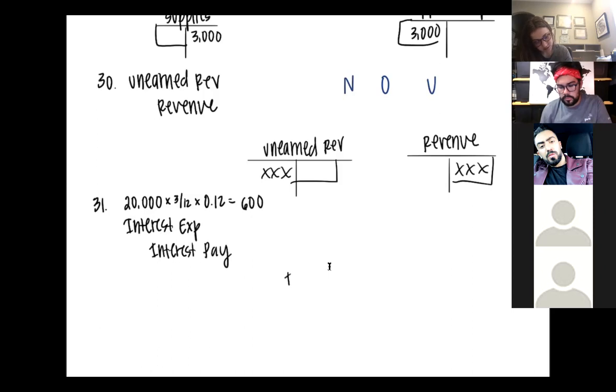So interest expense affects net income and it lowers it, and payable is a liability. So interest payable.